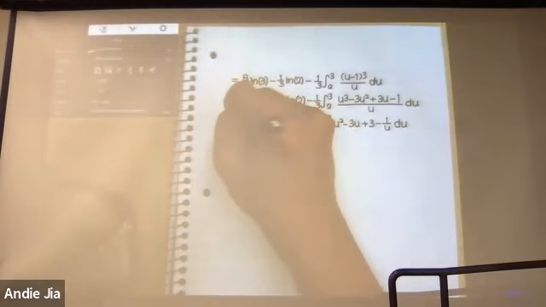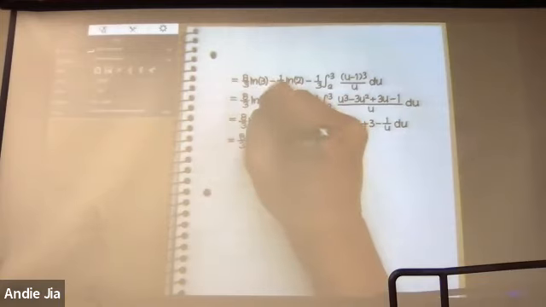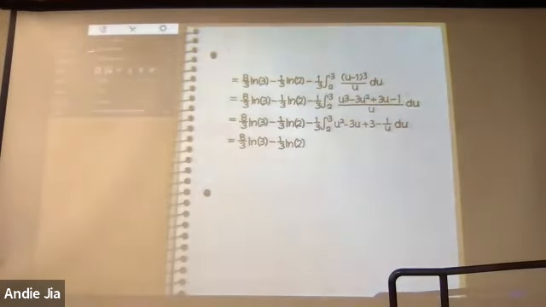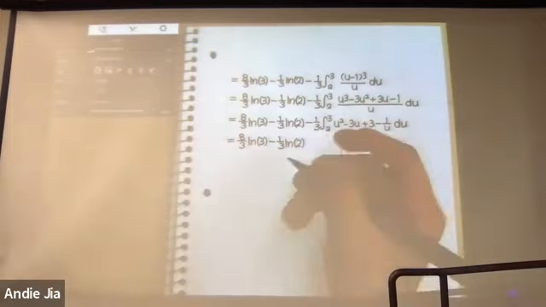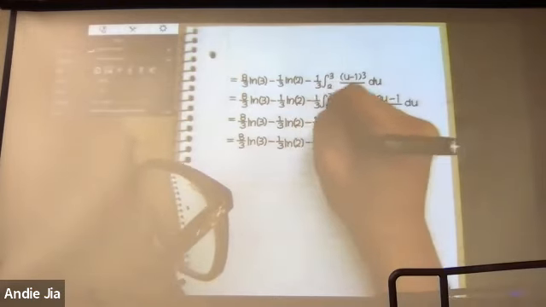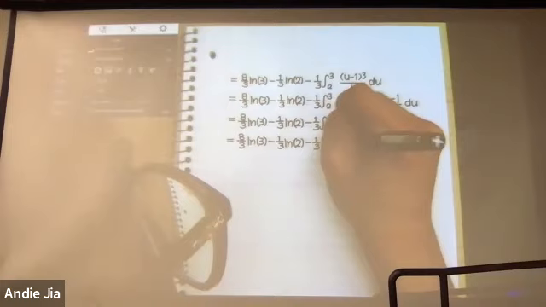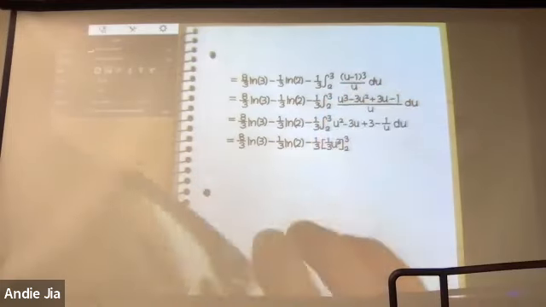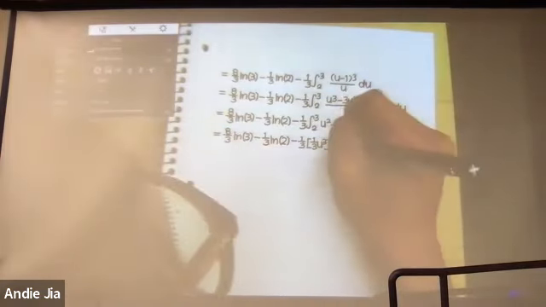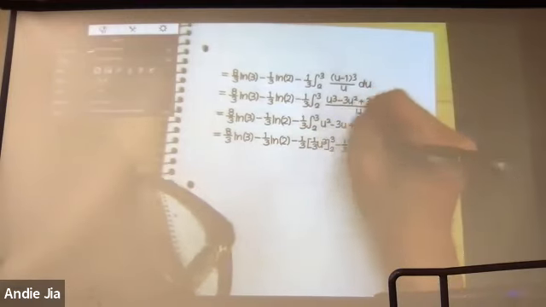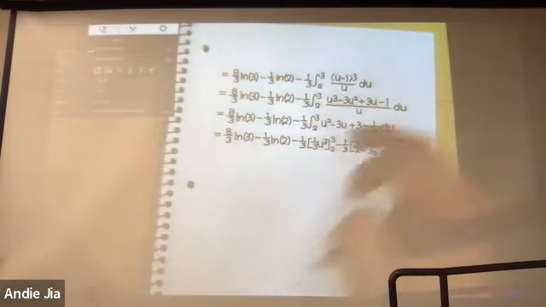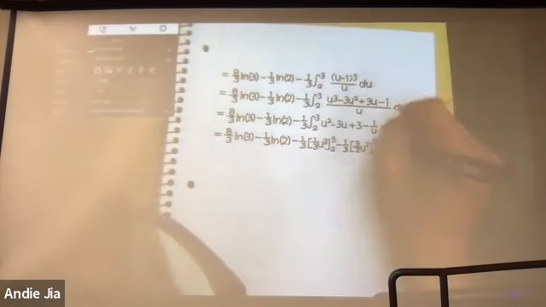We have 8 over 3 natural log of 3 minus 1 over 3 natural log of 2, minus 1 over 3 times u cubed over 3, then another 1 over 2 u squared, from 2 to 3, and then plus 3u.